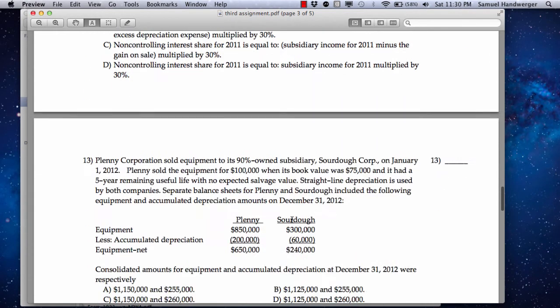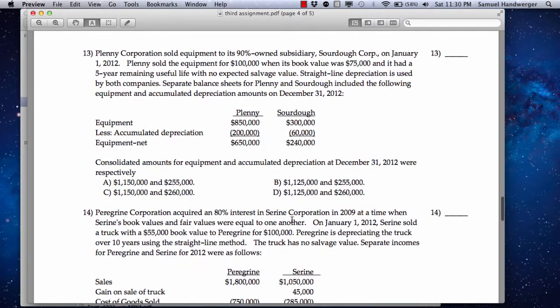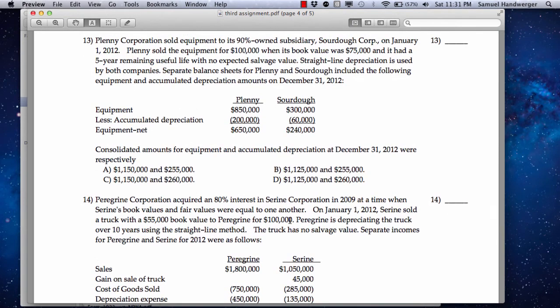All right, question 12 we went through. Questions 13 and 14 I've had some difficulty with because in my book I would have been leaving the equipment at a combination of the two. These answers seem to want to go to a net value of the equipment, and I assume that's because you wouldn't know exactly what the prior value of the old books of the selling company was.